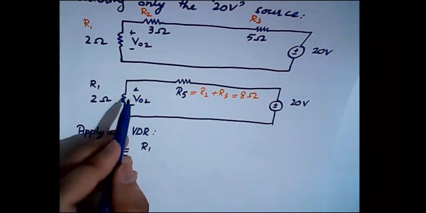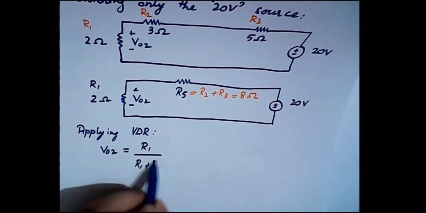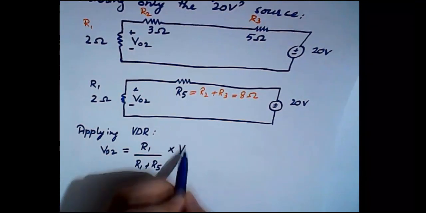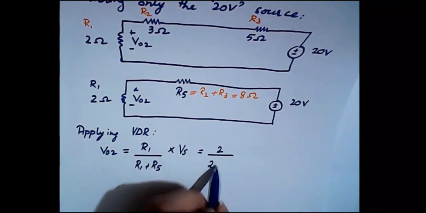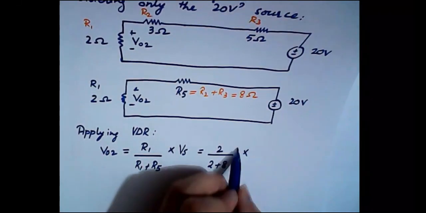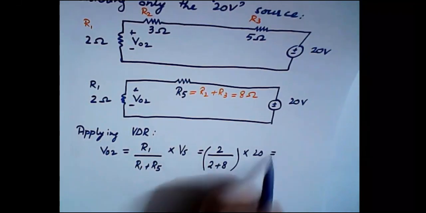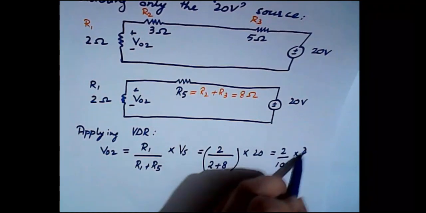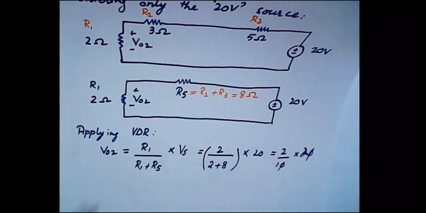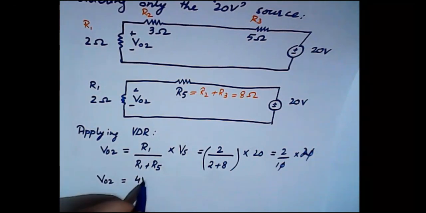Because we are calculating the voltage across resistance R1, divided by R1 plus R5, multiplied by the source voltage. So that makes 2 divided by 2 plus 8 multiplied by 20, right? So that is equal to 2 divided by 10 multiplied by 20. So V02 in this case is equal to 4 volts.